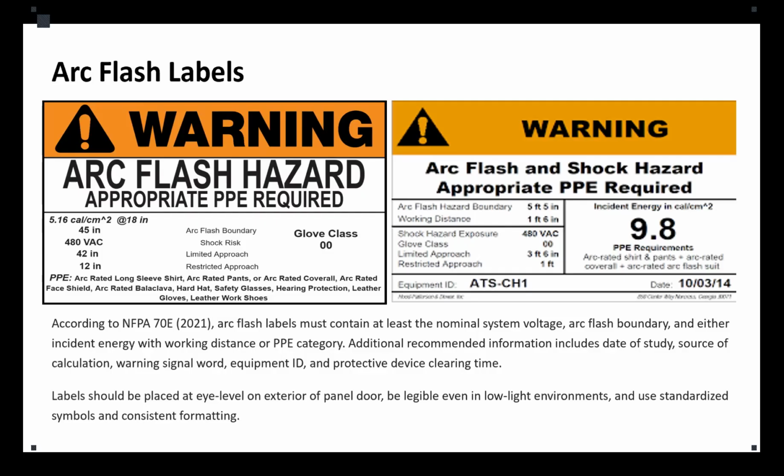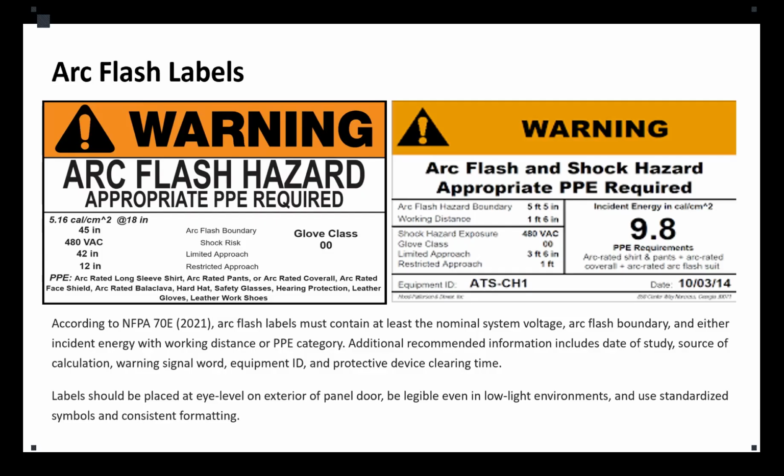And that label must be updated when we have a new arc flash study, or a system modification that changes the fault current or the protection settings, or at least every 5 years, whichever is the shortest time. Okay, so as part of the documented reassessment.